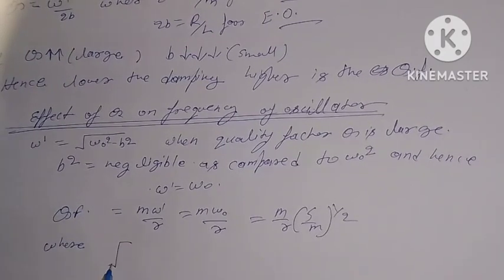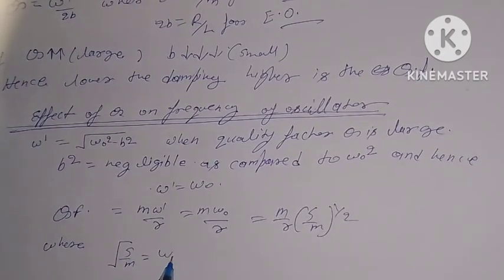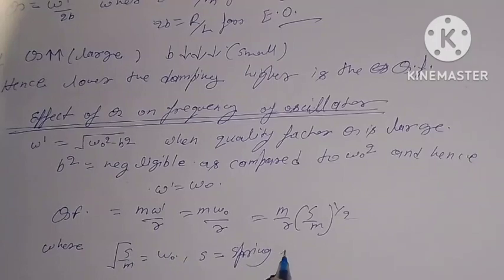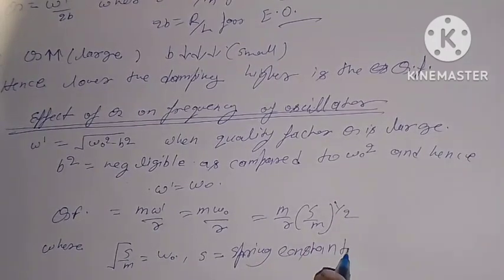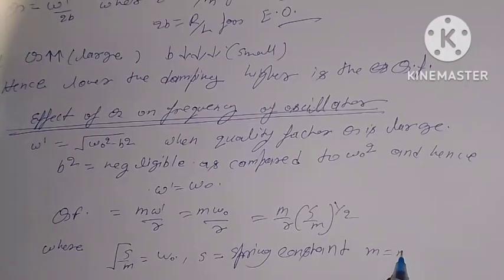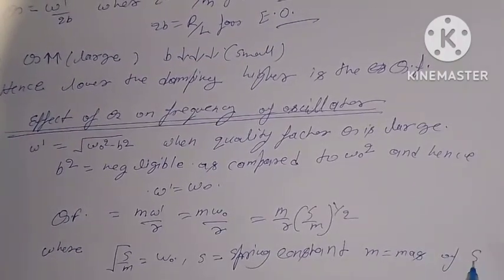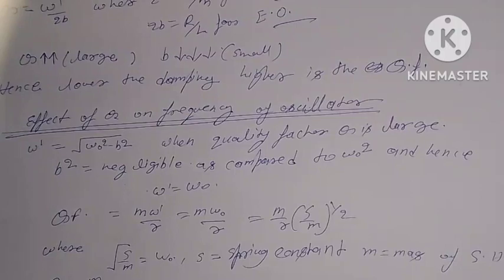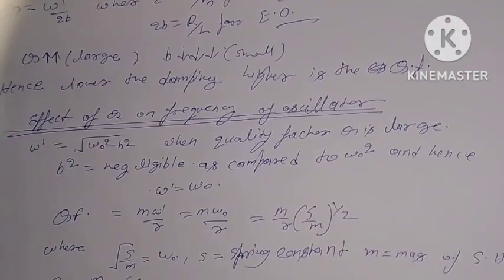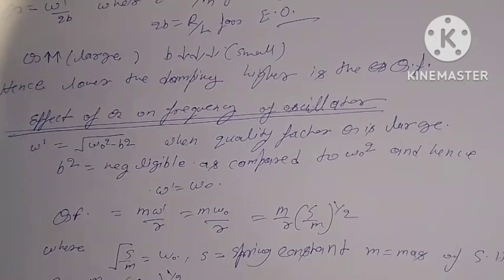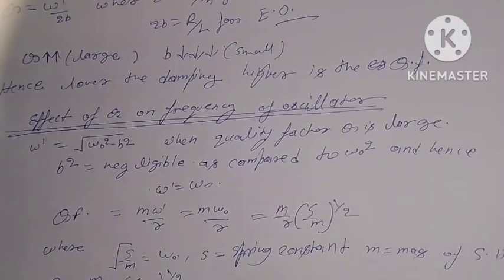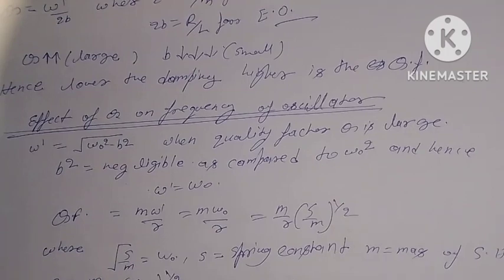Where under root of s by m equal to omega naught, s being the spring constant and m the mass of the SHM oscillator, as m by r (s by m) whole to the power 1 by 2 equal to a constant.